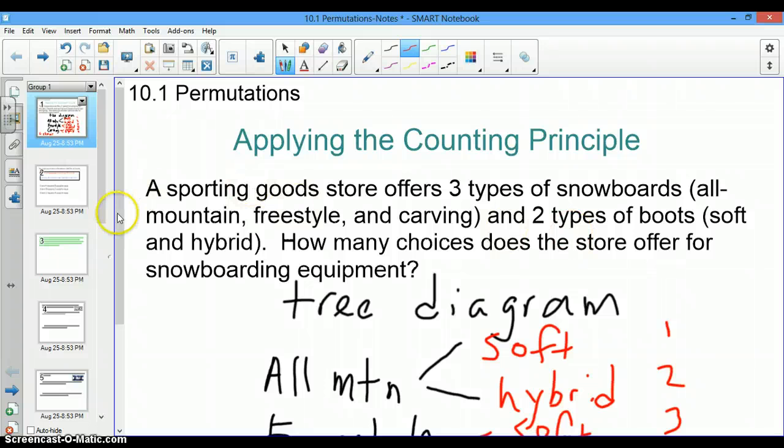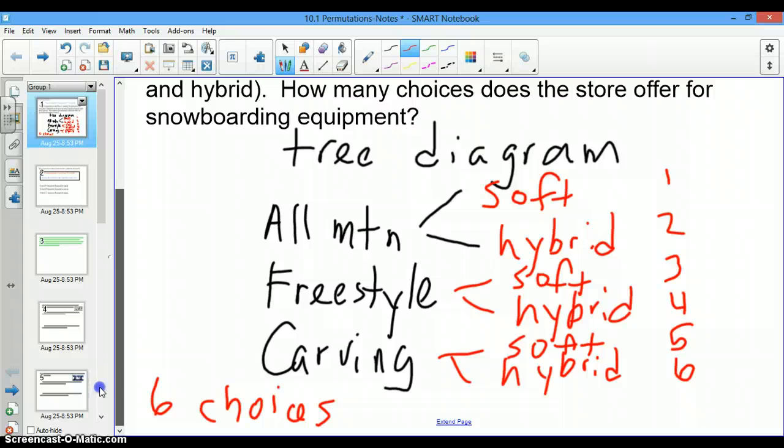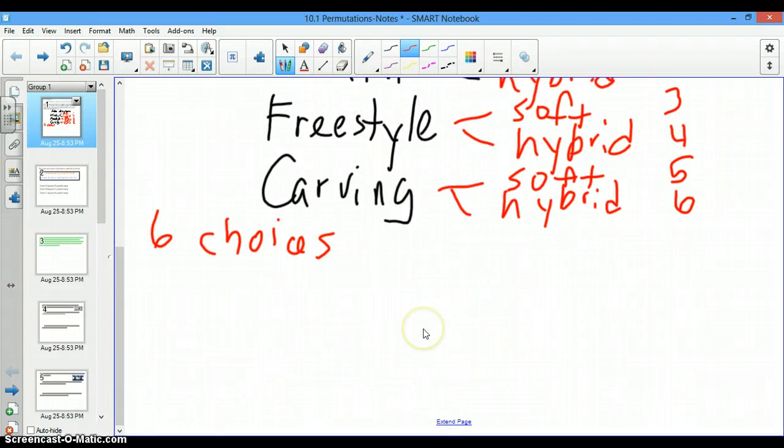Now, if we look back at the first example here, we have 3 different kinds of snowboards that we could choose, and then 2 different kinds of boots that we could choose. So if we multiplied these together, we would get our 6 choices. That's using the fundamental counting principle by multiplying all the options or the choices that we have or the ways that these events could occur to figure out our total.